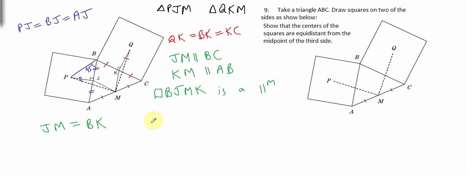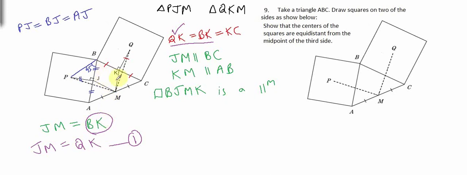And BK is equal to QK, yes. So this BK can be written as QK. So we have JM is equal to QK. Let this be equation 1.